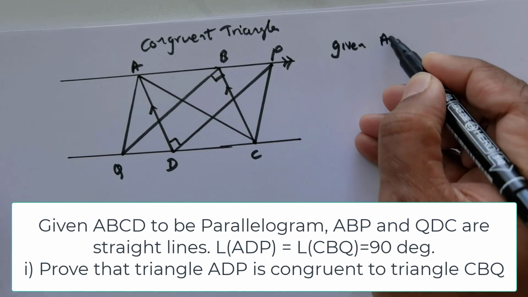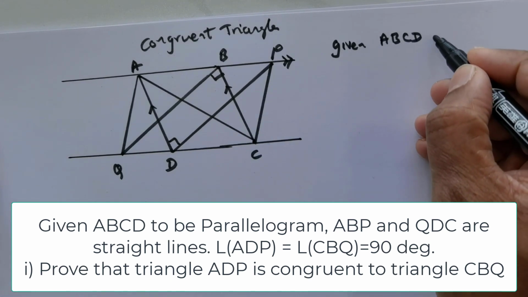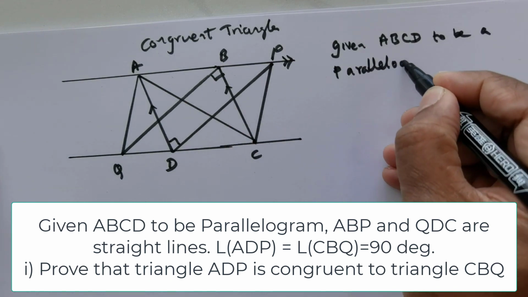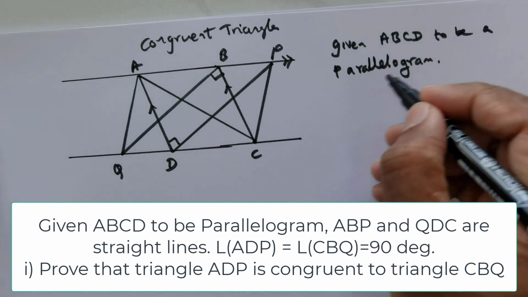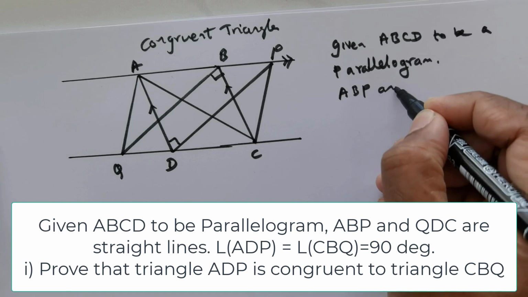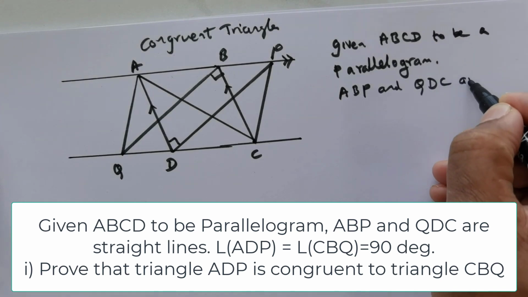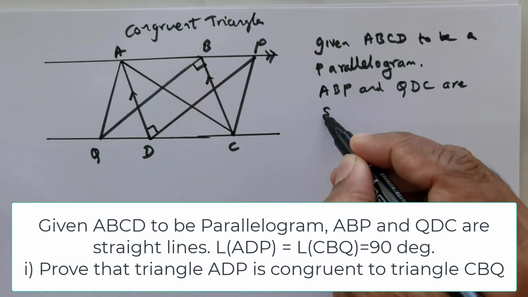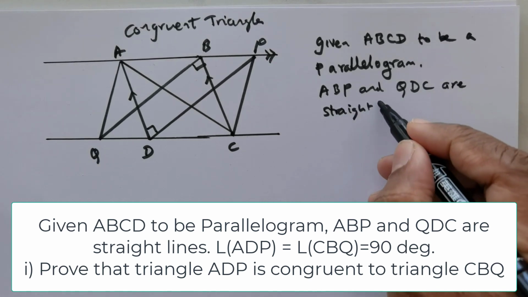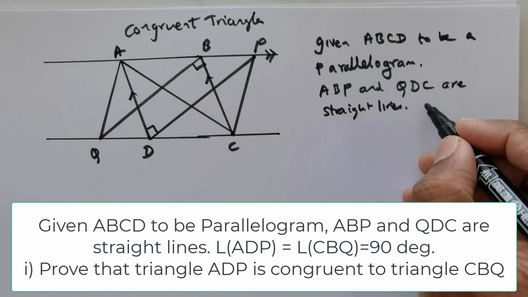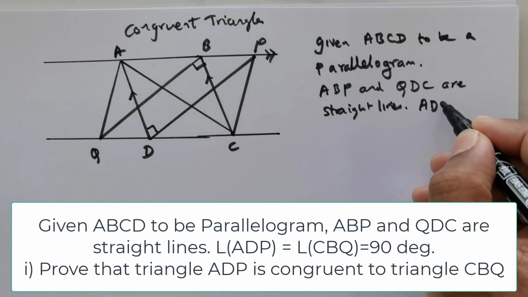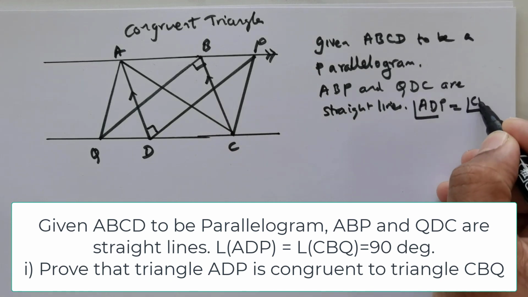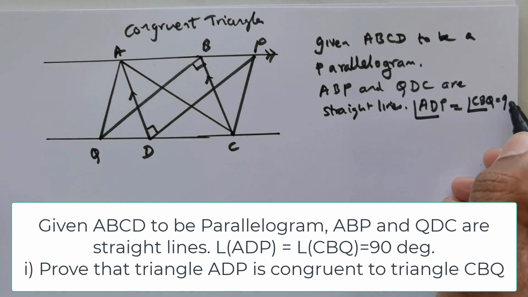Given ABCD to be a parallelogram, and ABP and QDC are straight lines, angle ADP is equal to angle CBQ is equal to 90.